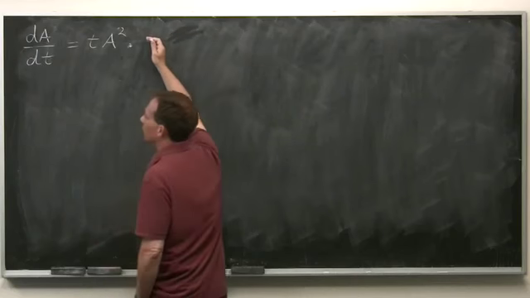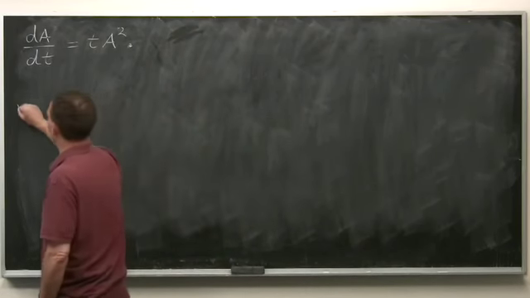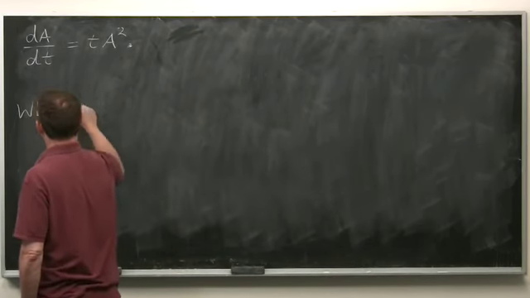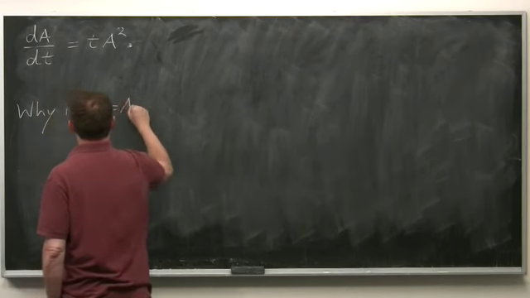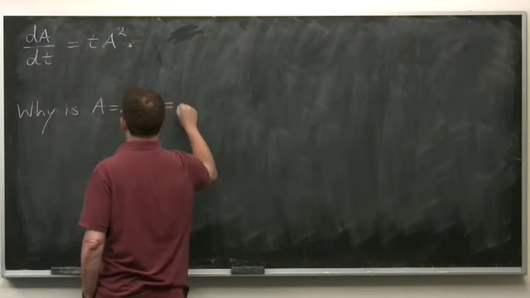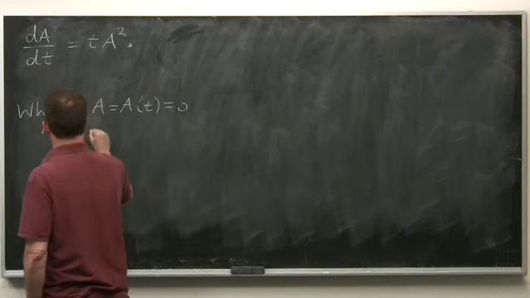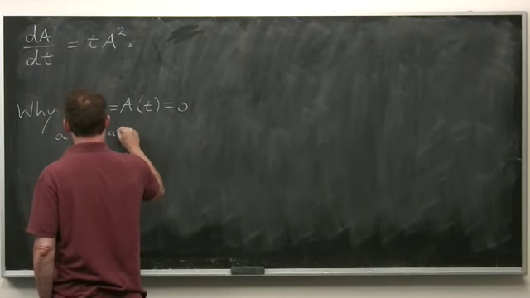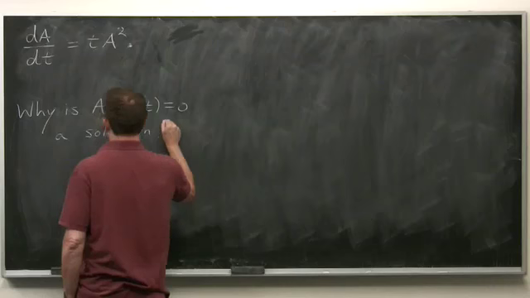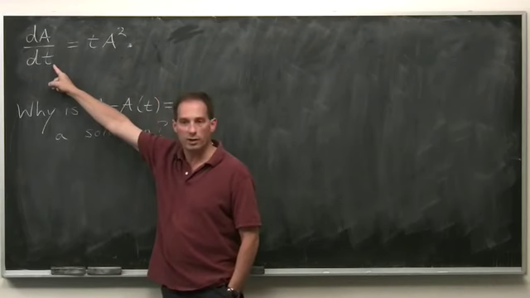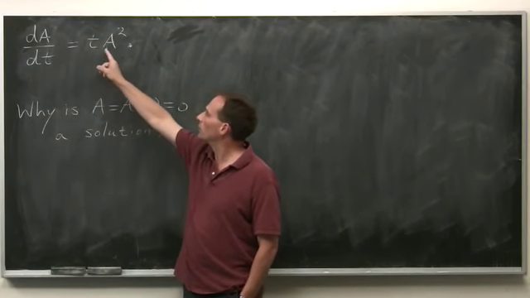So here's our differential equation. Is A equals the constant function 0 a solution? Well, it means that when you put 0 in over here, you get what you get.